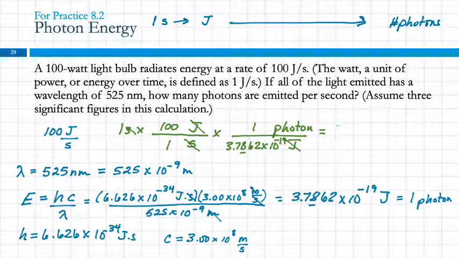So 1 times 100 divided by 3.7862 times 10 to the minus 19. It says use 3 sig figs. 2.64 times 10 to the 20th photons.